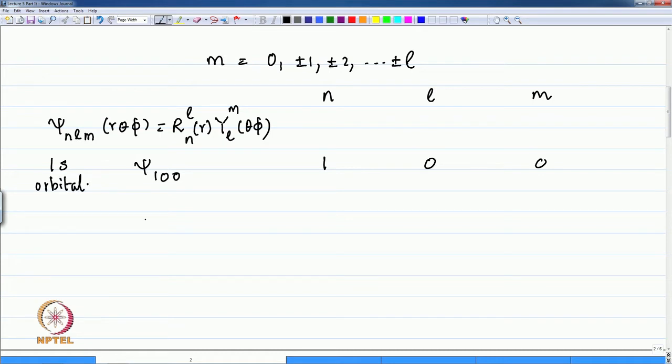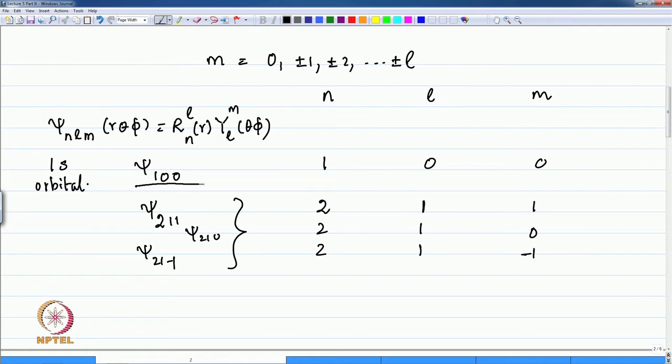The next quantum number that we have is n equal to 2, and therefore we have the wave function with the n quantum number 2, and l can be 1 or 0. If l is 1, then m can take the three possible values, namely 1, 0 and minus 1, and therefore the three wave functions will have this representation: psi 2 1 1, psi 2 1 0 and psi 2 1 minus 1, these three.